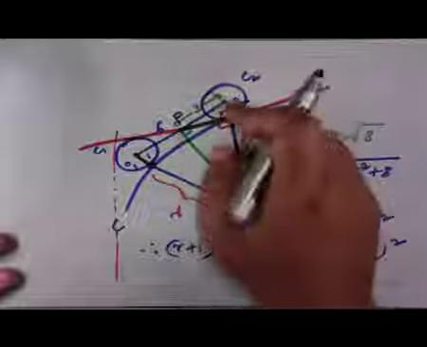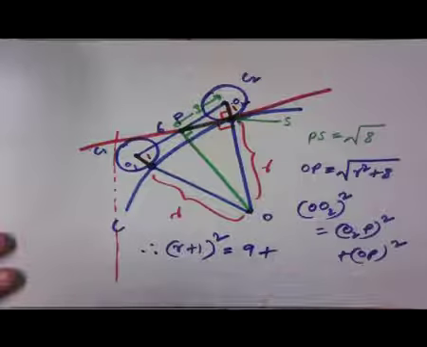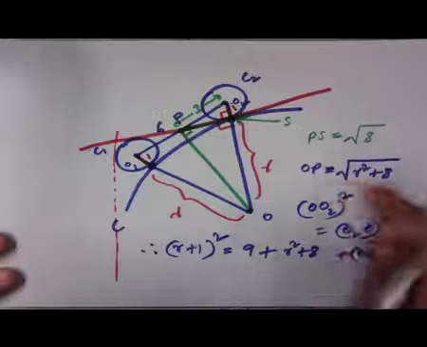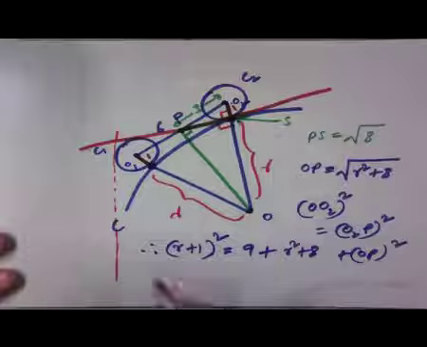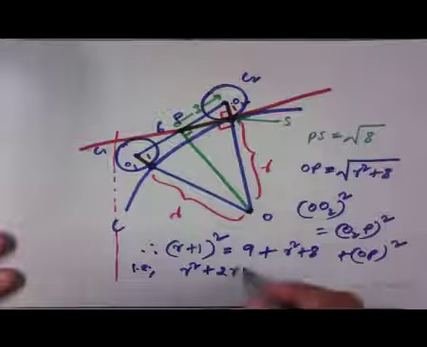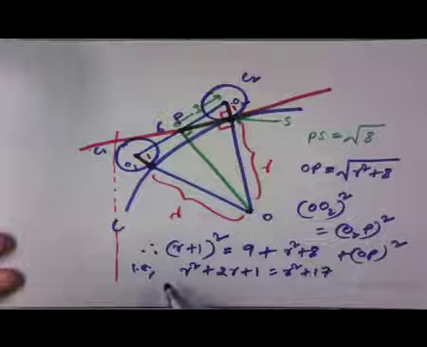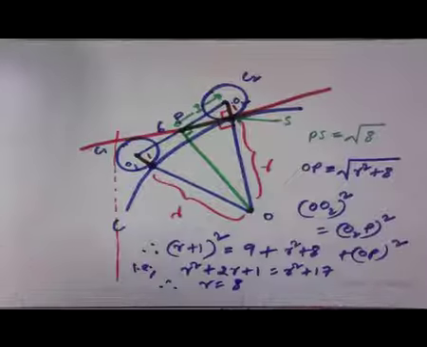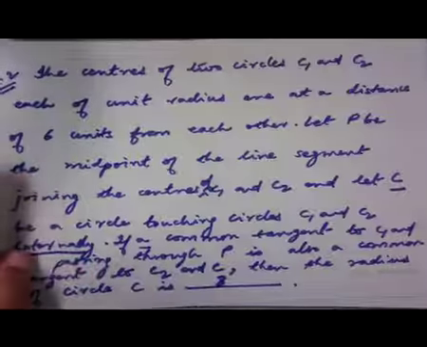O2P is 3 units, so the square is 9, plus OP square is from here R square plus 8, and therefore R is 8 units. So, the radius of this circle C is 8 units.